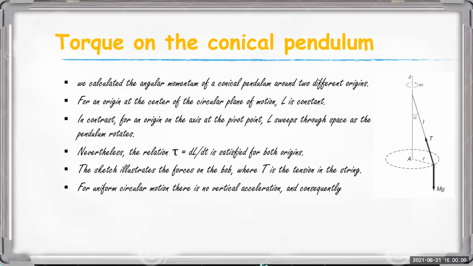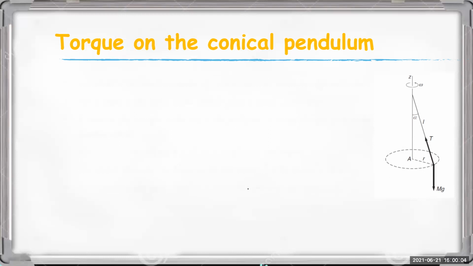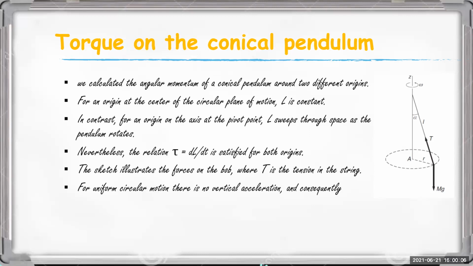Consequently, we can write from the figure that T cos alpha minus mg must be equal to 0.